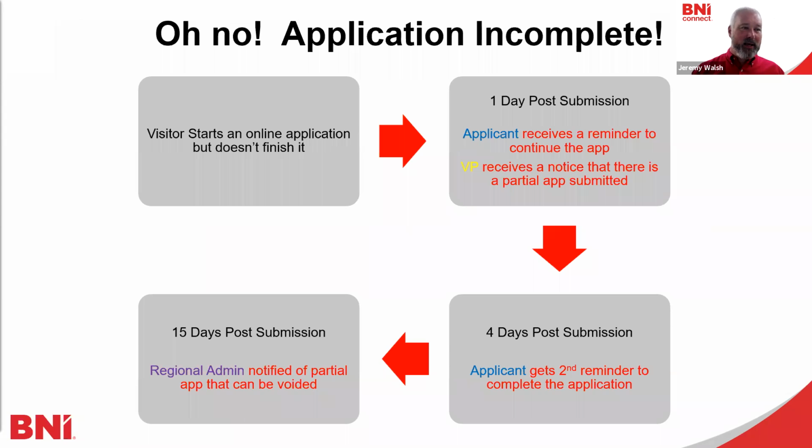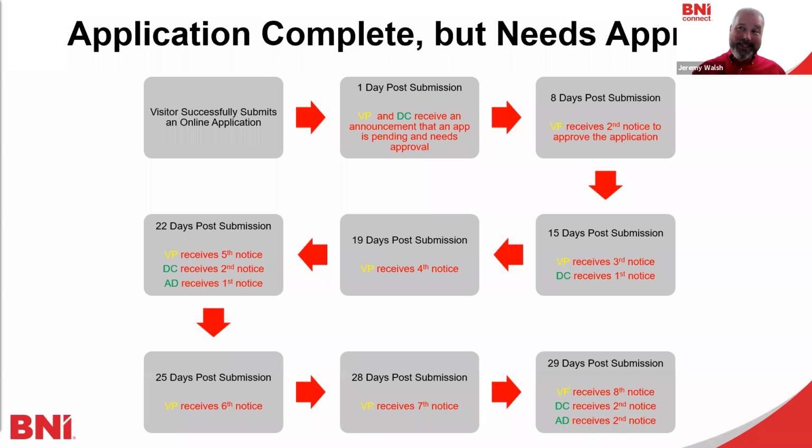If the application is complete, but the VP has fallen asleep at the wheel, then we send a whole bunch of reminders to the VP and a bunch of people. To the VP, to the DC, at 1 day, 8 days, 15 days, 19 days.